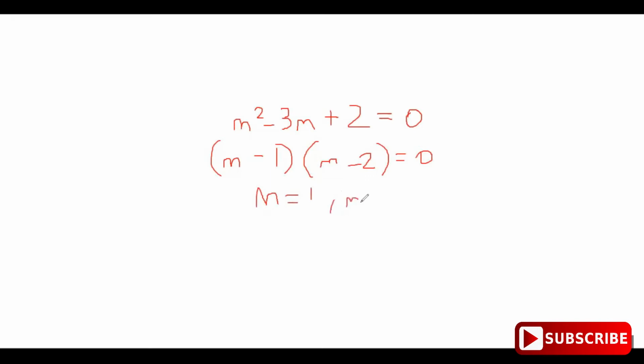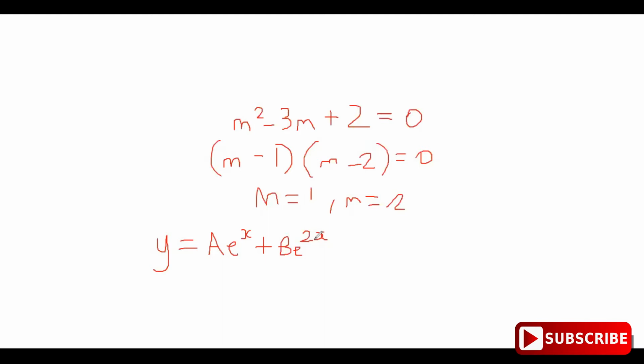Then the general solution is going to be y equals a, since the roots are real and distinct, so it'll be in the form a e to the m1 x, which is 1 times x, plus b e to the 2x. So y equals a e to the x plus b e to the 2x.